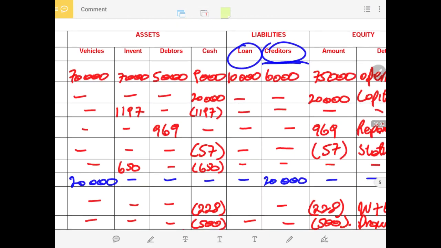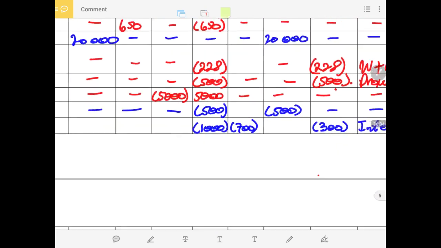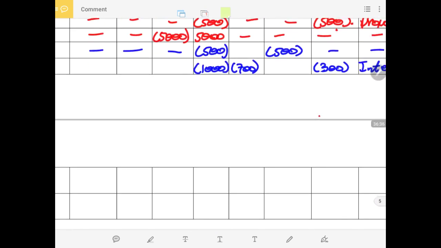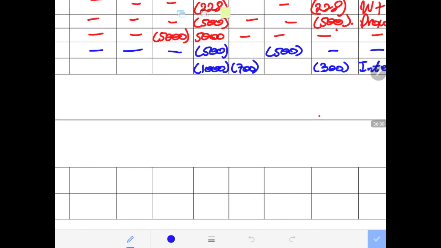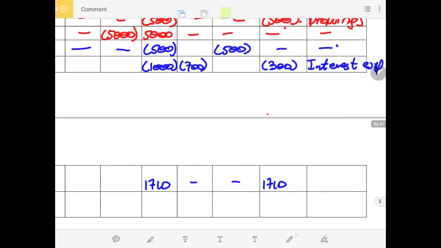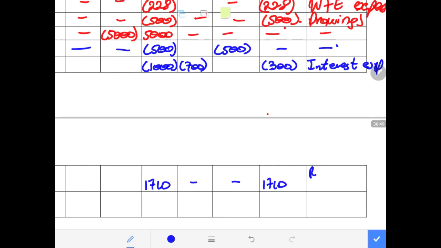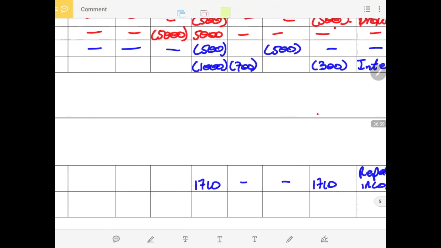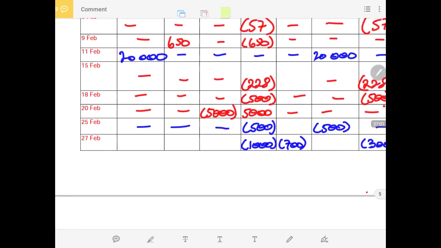Bank must be increased because money was received. So under our bank 1,710 and under owner's equity 1,710, and the explanation will be repairs income. Then we have recorded all that was needed to be recorded.